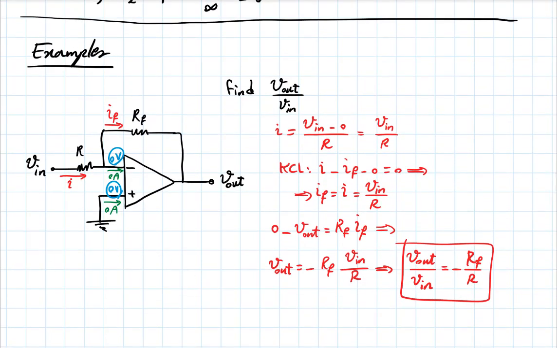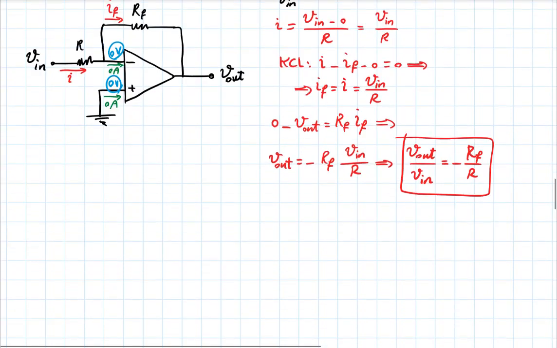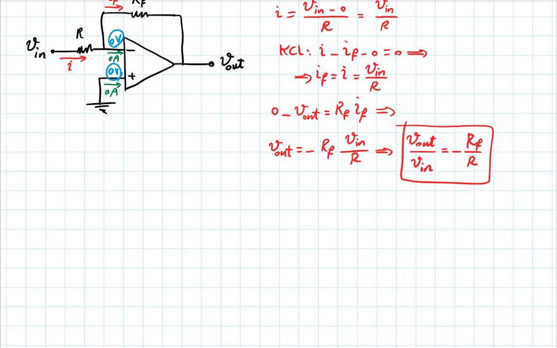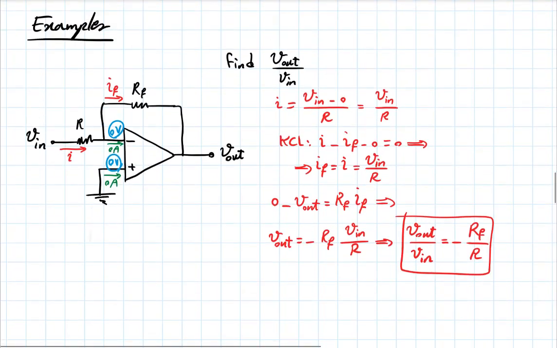The output voltage has a very nice relationship with the input voltage. It's a scaled version with a negative sign. And the ratio is the ratio of those resistors, RF and R. What happened here?